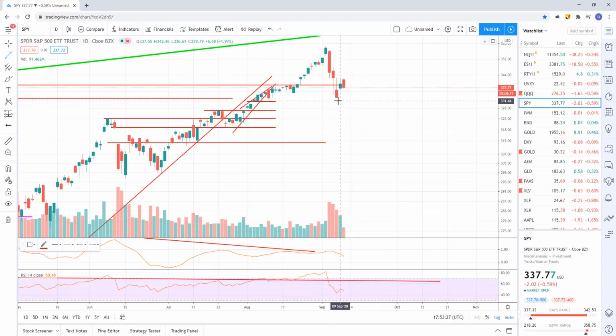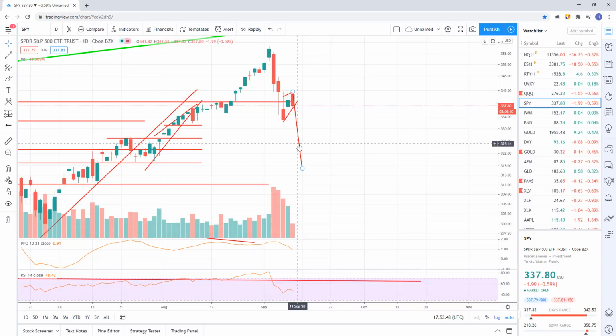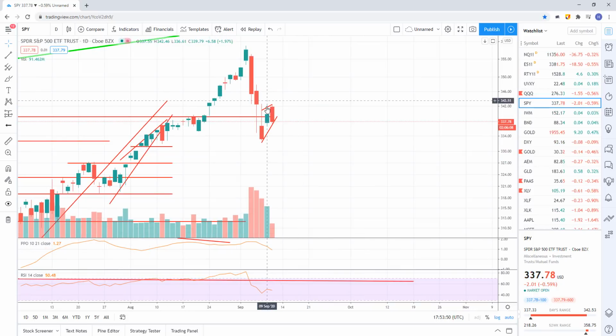And you could even say that this is a bear flag on the daily chart. We're starting to flag out, and another leg down would be something like that, putting us maybe around 320, 319. Maybe we'll undercut it down to 312. Somewhere in that area is a rough projection. We'll just evaluate that as it comes.